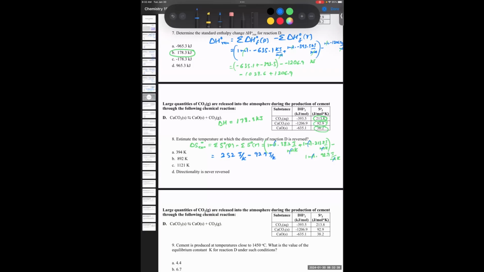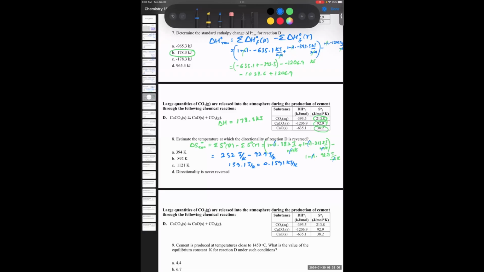This should be close to 159.1 joules per Kelvin. So this is equal to 0.1591 kilojoules per Kelvin, because it's important that we have delta H and delta S in comparable units.